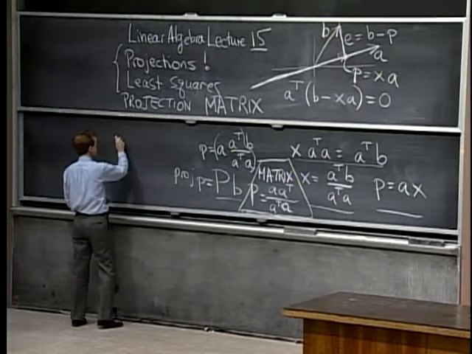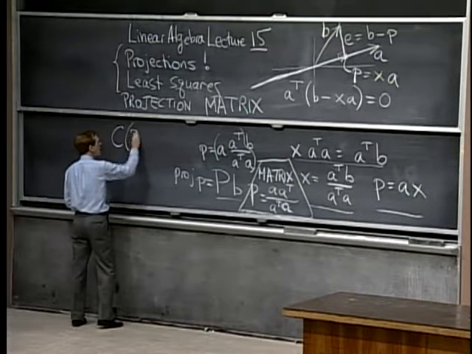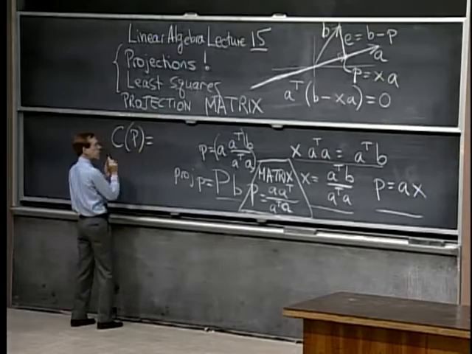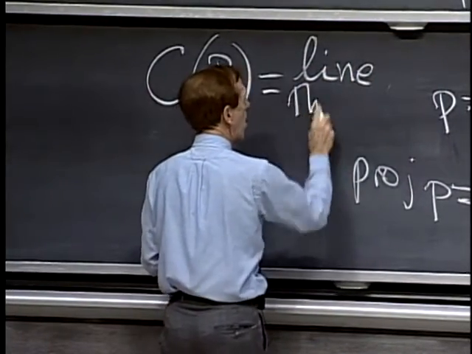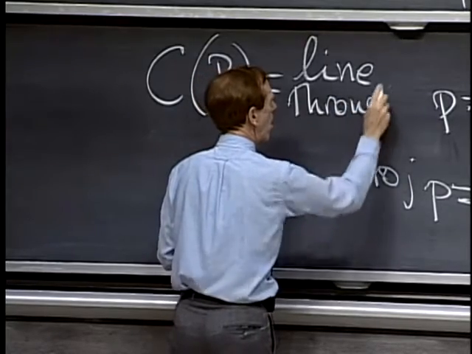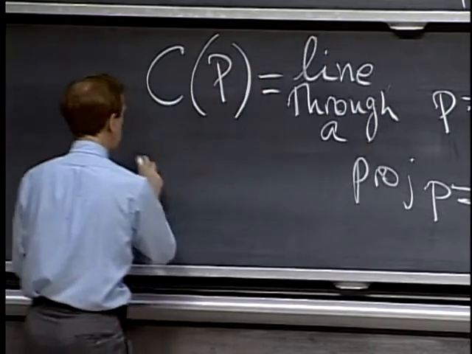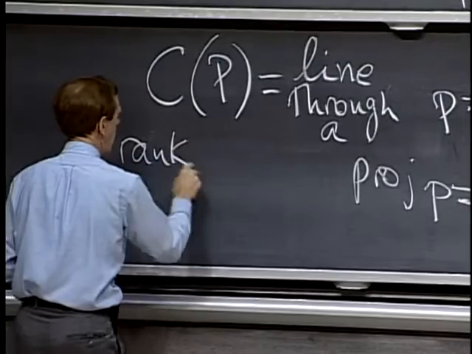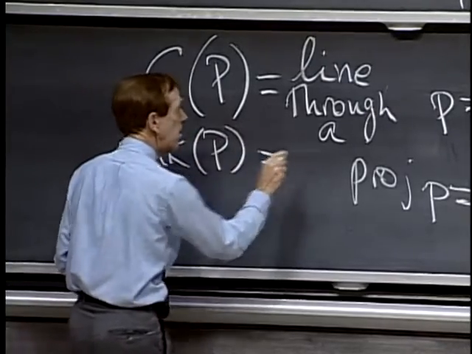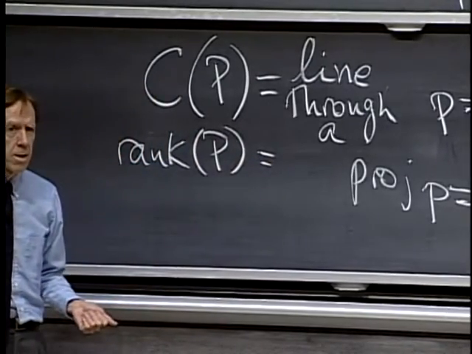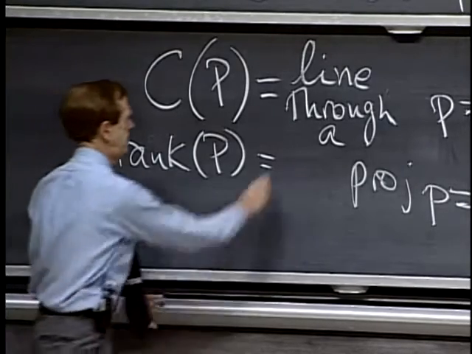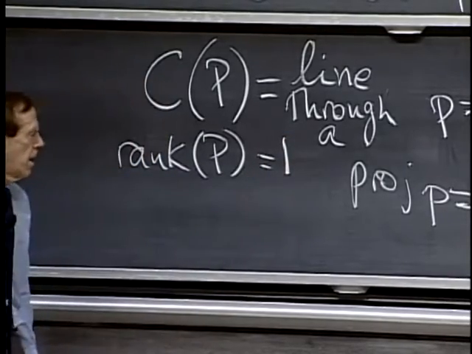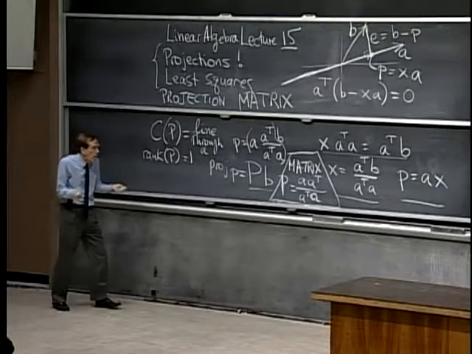The column space of P, this projection matrix, is the line through A. And the rank of this matrix is, you can all say it at once, 1. Right. The rank is 1. This is a rank 1 matrix.